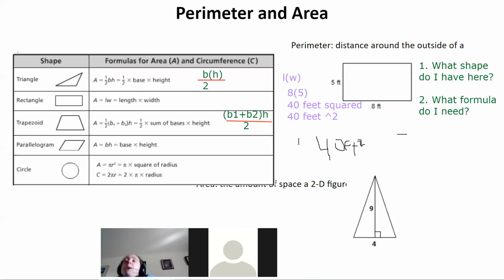What about perimeter? If I wanted to find the distance around this rectangle, what would I add? But wait, Mariam, I only see one 8.